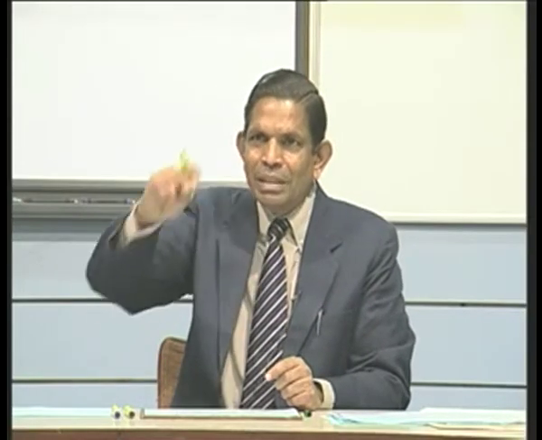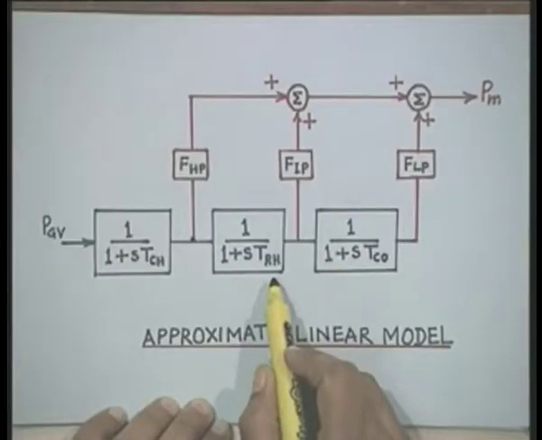The reheater pipings have the capacity to store a large amount of steam, and therefore associated with the reheater is a time constant called TRH.